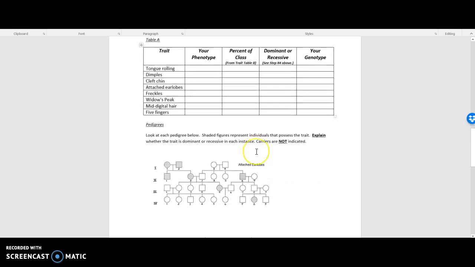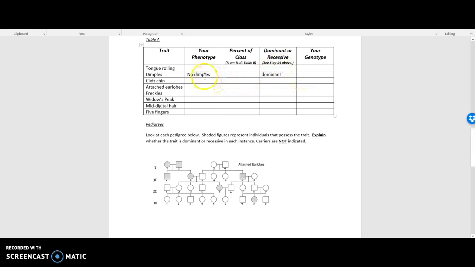From there, you have to complete your genotype. As an example real quick, I do not have dimples, so I would put no dimples here under my phenotype. The percent of class I would find from that back table, table B, and I know from the directions that dimples are dominant.